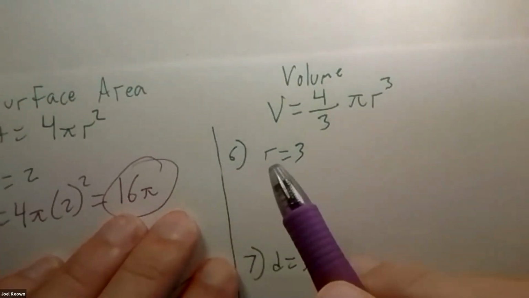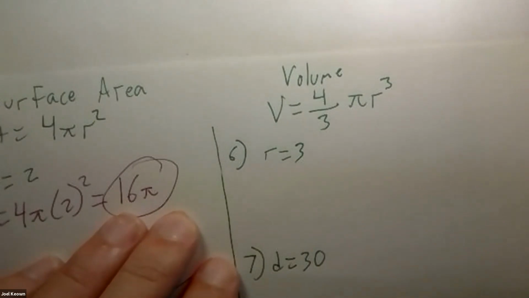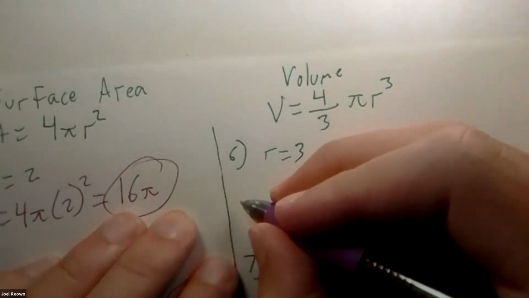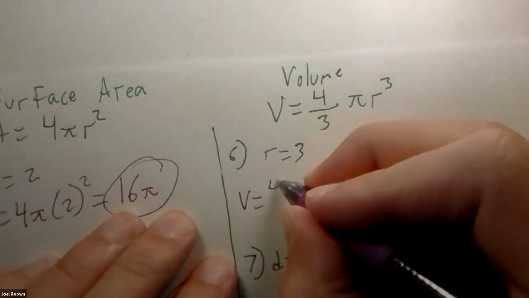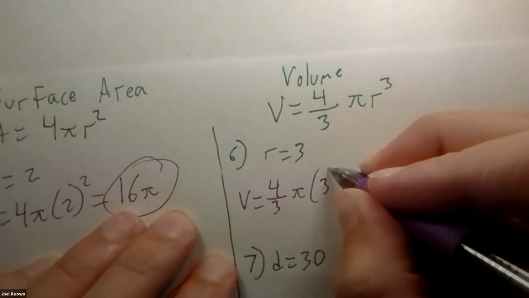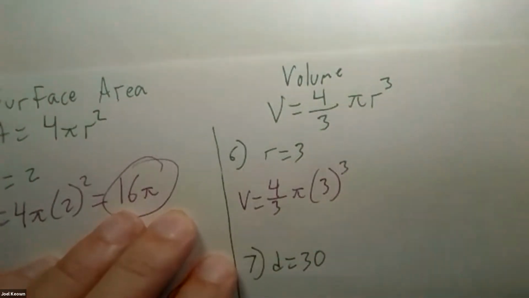Again, if they give me radius, I just plug straight into my equation. They give me a radius of 3, so I'm going to say, all right, volume is 4/3 pi 3 cubed.